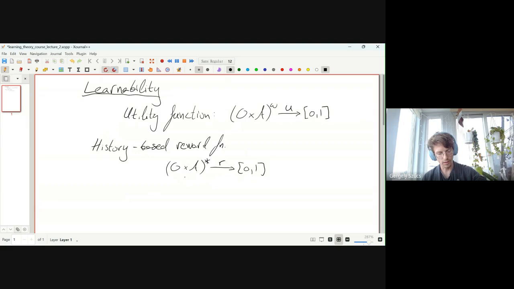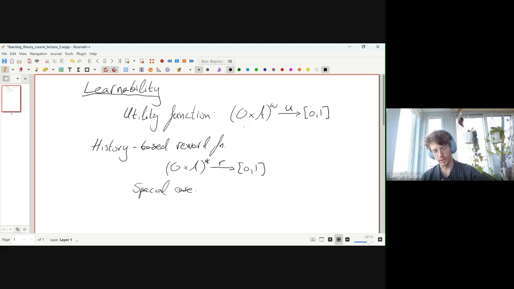A special case of this, which I think is commonly but not always assumed, is the following.